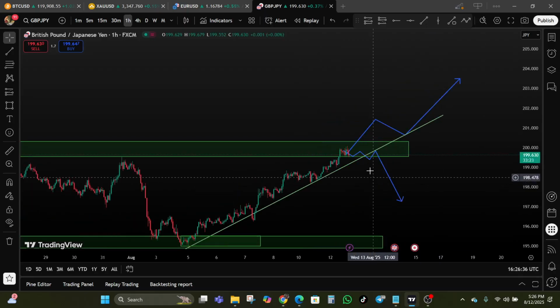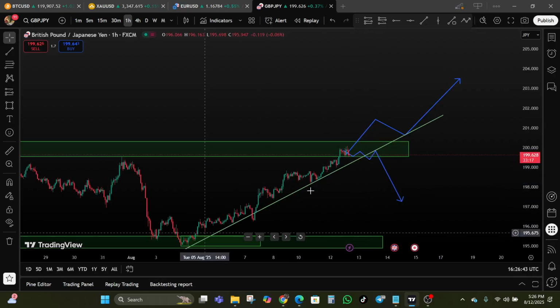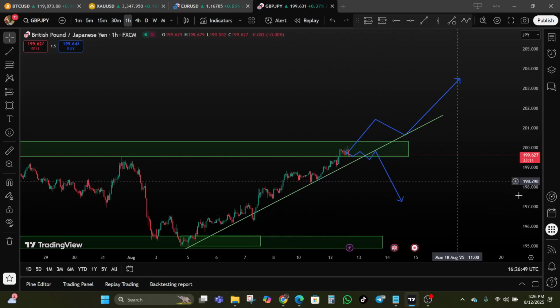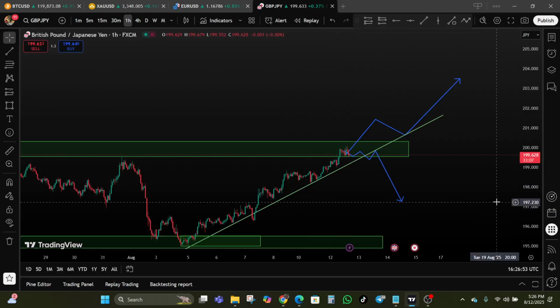Okay, you need confirmations before entering your trade. So in that case, I would even say you will have to wait for price to break below this trend line and still give us a bearish candlestick pattern that shows that it is rejecting this zone before we jump into the sell trade. Okay, the pattern could be maybe a pin bar, an engulfing candle, or maybe a break of structure that shows that price is reacting to the zone.